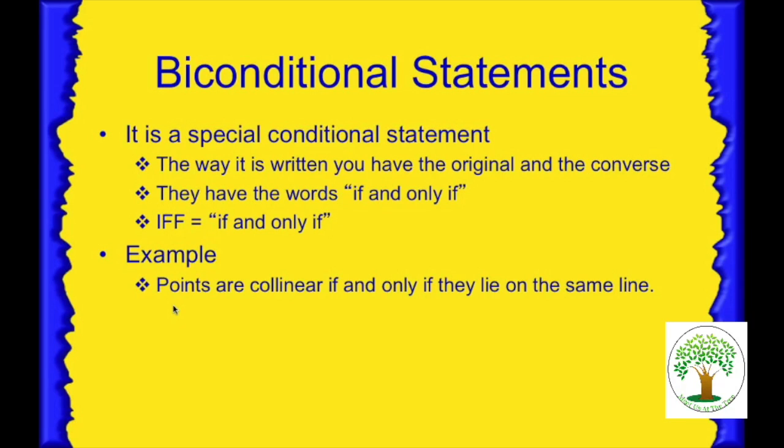So this is two statements wrapped into one, and it is telling you, as a mathematician, that the conditional and its converse are true. I told you before that the original and the converse are not always true, but if you see an "if and only if" in there, both the converse and the original are both true. Okay? In geometry, at least. I can't speak for the rest of the logic world, but for geometry, I can.